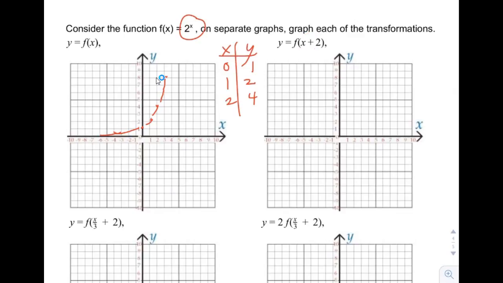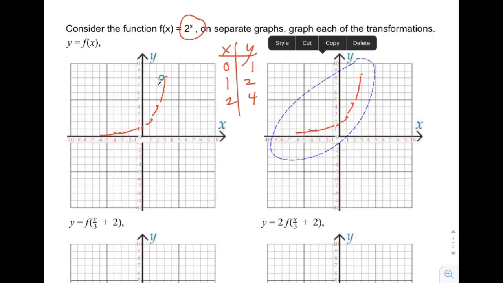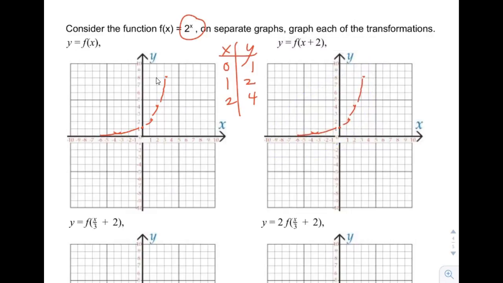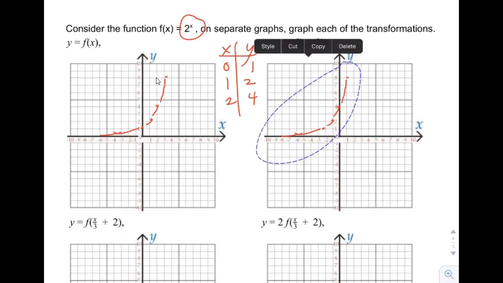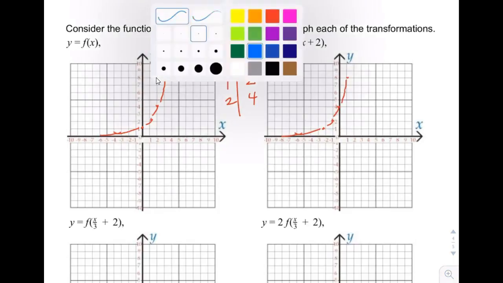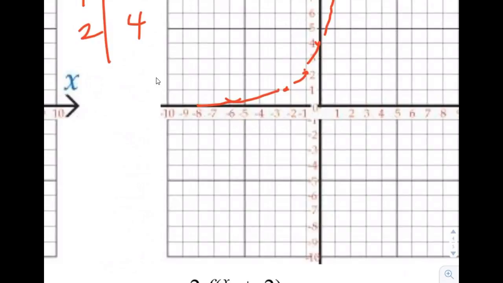So I'm going to take this function that I drew, copy it, and paste it in, except now I'm going to move it. There's the original position, I'm going to move it 2 to the left, so it's going to be 1, 2. Okay, so all the points have been moved 2 units to the left. If I look really closely at each one of these points, I can see that this point, for example, was originally there.